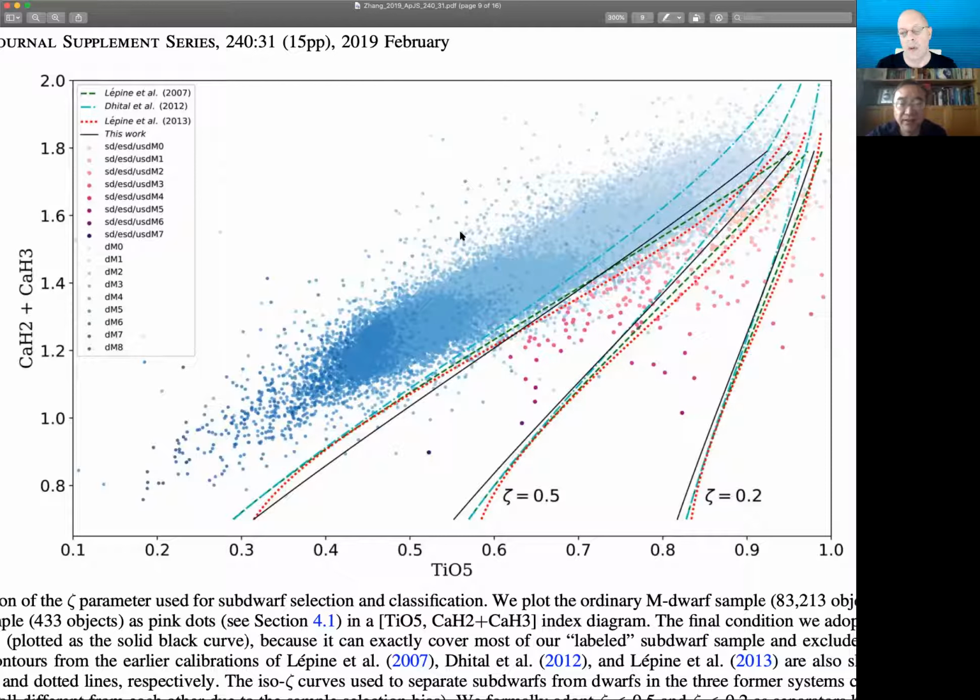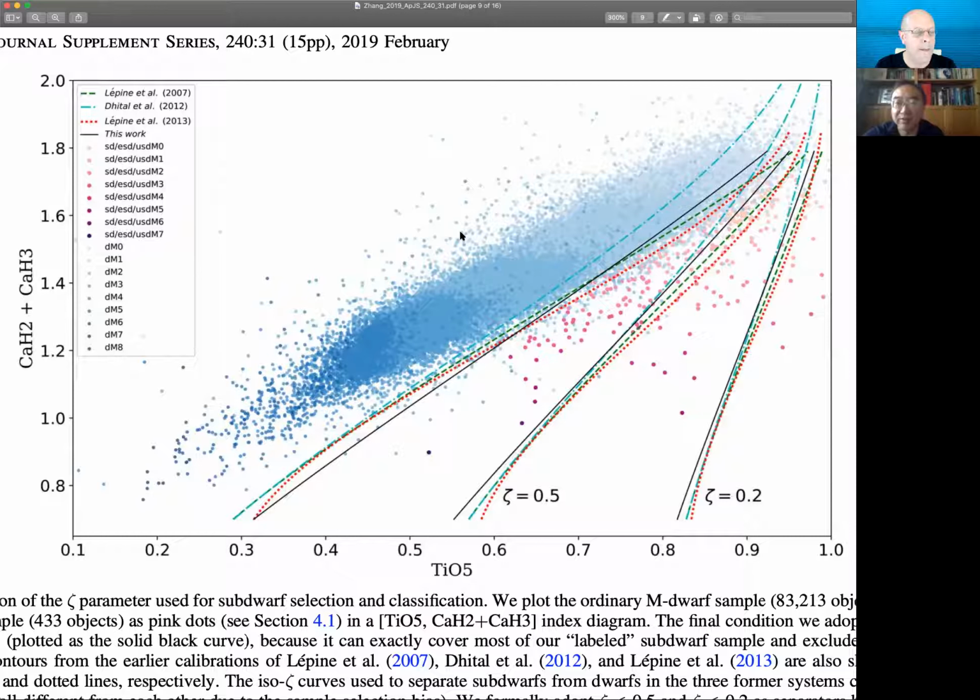The left one is a cut for the normal dwarfs and the subdwarfs. Most of our targets are classified as M-subdwarfs using this criteria. And it's better. And then we got more than 2000.